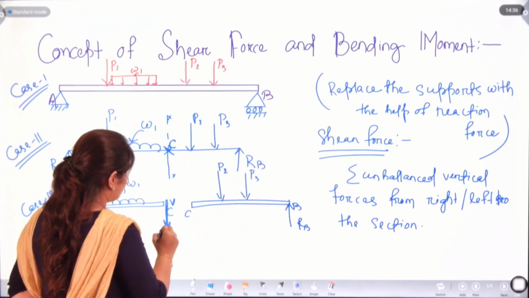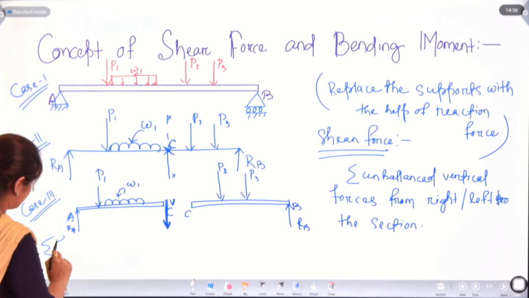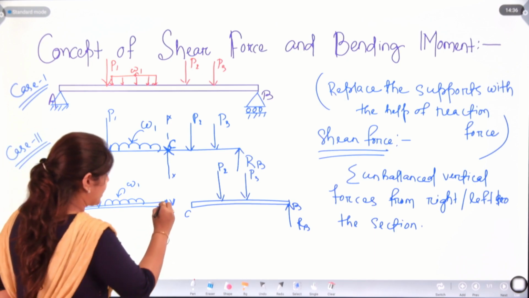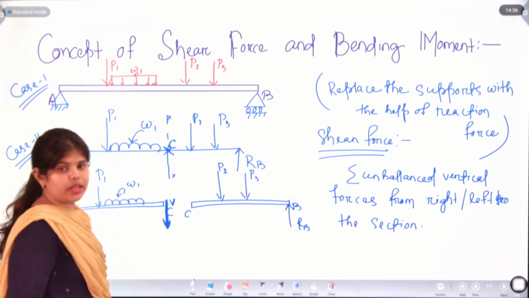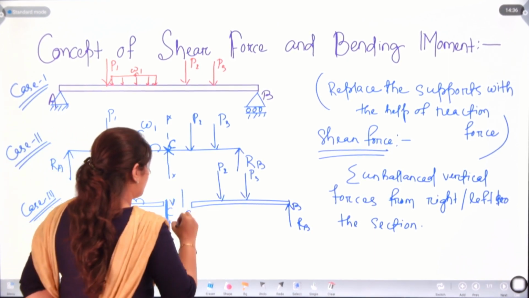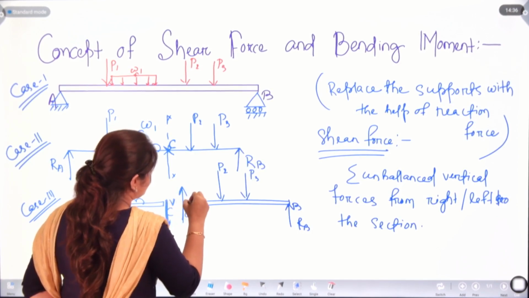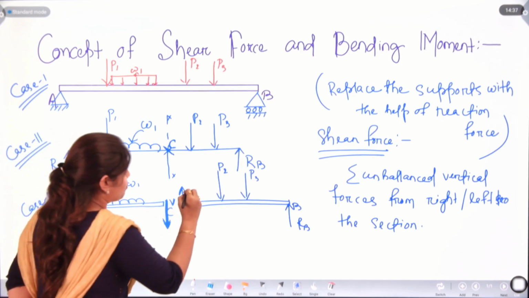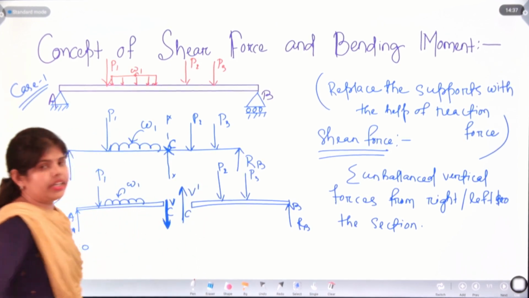As we know, summation of Fy is equal to 0, so here we are getting V in the downward direction. To nullify the effect, in the BC section we will have V dash in the upward direction.